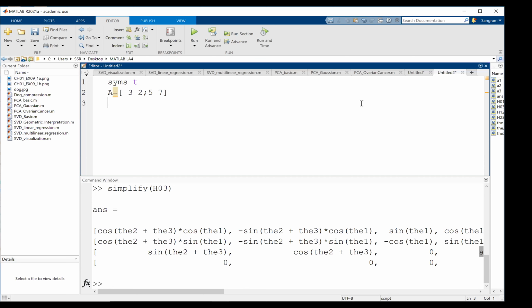It's very easy. You would say expm of A multiplied by t.